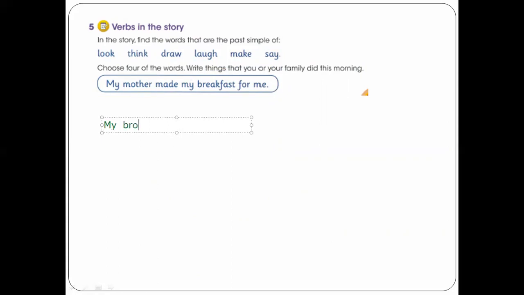My brother drew a car. My brother drew a car.